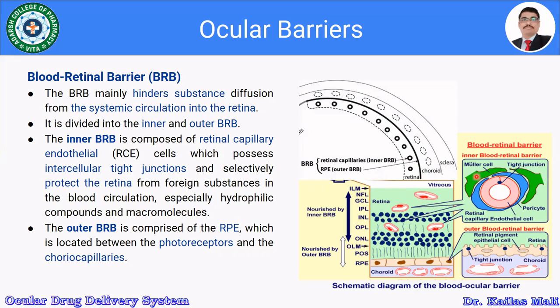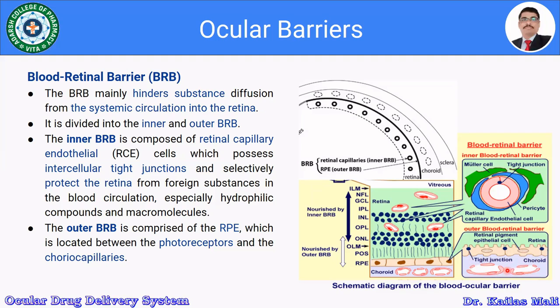So these are the Muller cells, and here this is the tight junction. This is the pericyte, and this is the retinal capillary endothelial cells. And the outer blood retinal barrier is present in the retinal pigment epithelium. So these are the tight junctions between the cells, right? And this is the choroid.